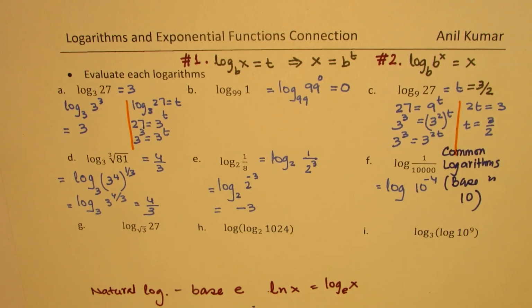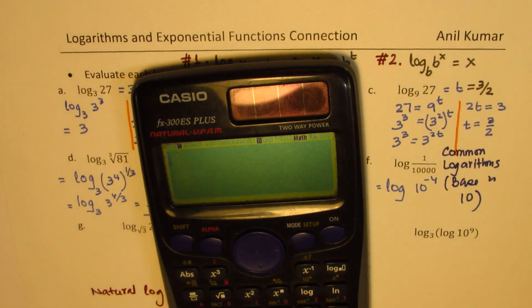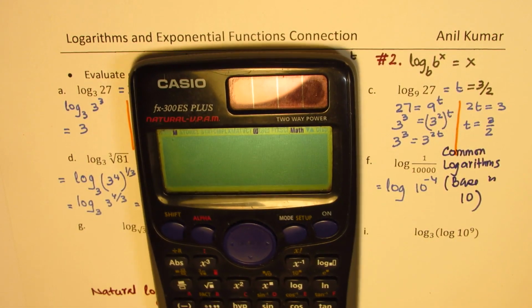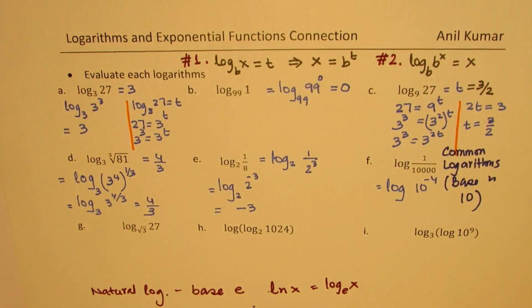So these are the two logarithms which are always used on the calculator, every scientific calculator. We have this ln, and ln means natural logarithm to the base e. Some calculators do also have other bases, not all, but these are commonly available on most calculators, right? That's the whole idea.